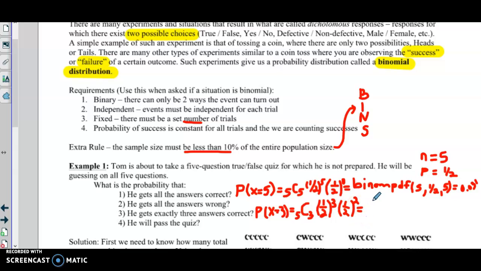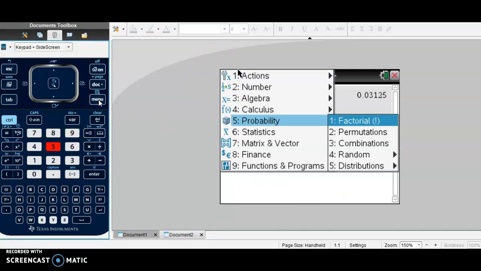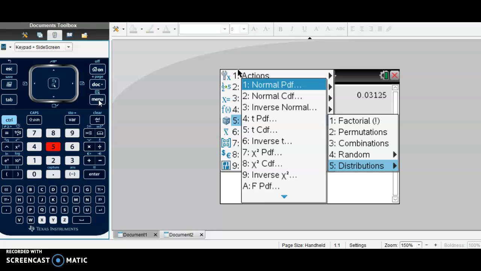Or again, in the calculator, I can do Binomial PDF. PDF stands for probability distribution function. So I'm going to do it again. So menu, probability, distributions.